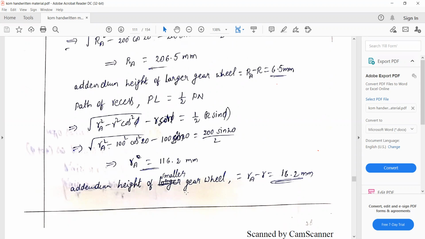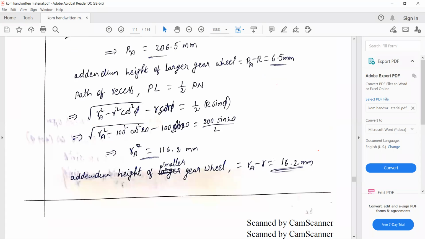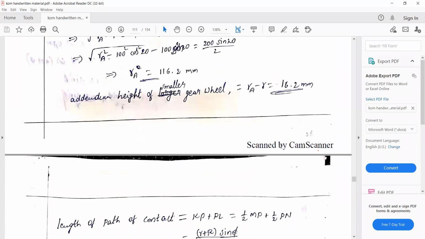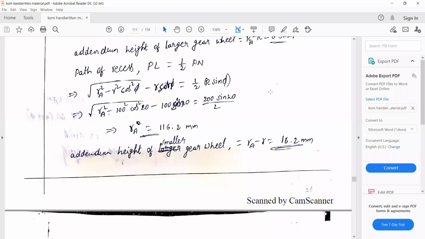Therefore the addendum of the smaller wheel, the pinion, equals ra minus r, which is 16.2 mm.